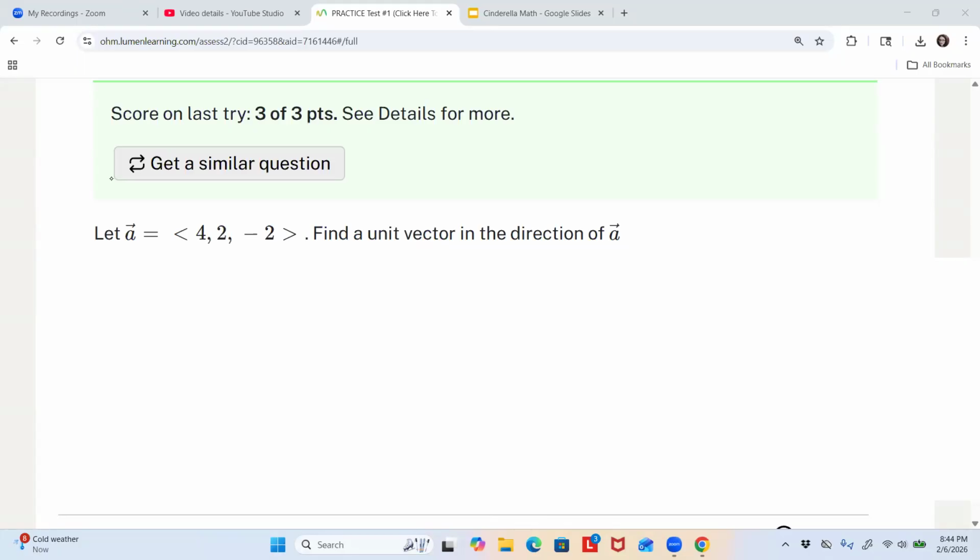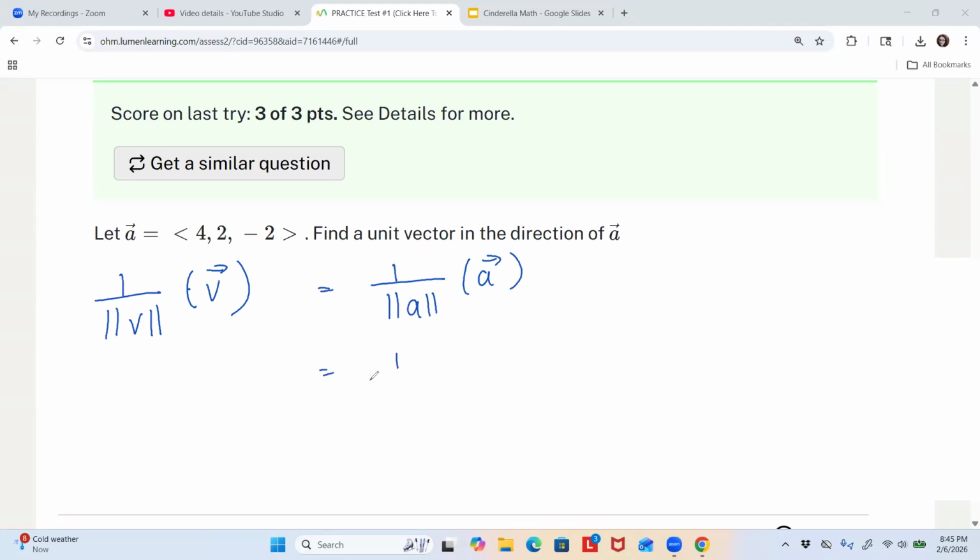So we need to know that to find the unit vector, you do 1 over the magnitude of the vector multiplied by the vector itself. So in this case, we're going to do 1 over the magnitude of A times A itself.